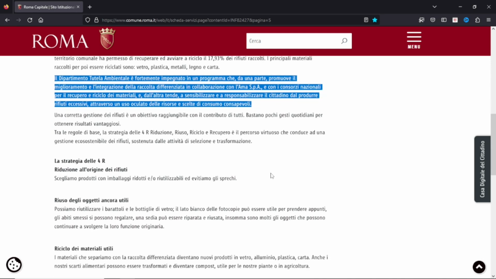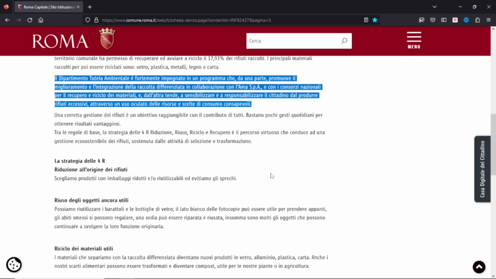The department, I don't know what tutela is, but it's something like the environment department, is strongly busy with a programme of, on one part, promoting the improvement and integration of separated collections in collaboration with some organisation that's doing the collections, presumably, and with national consortiums, perhaps, for collecting and recycling materials.